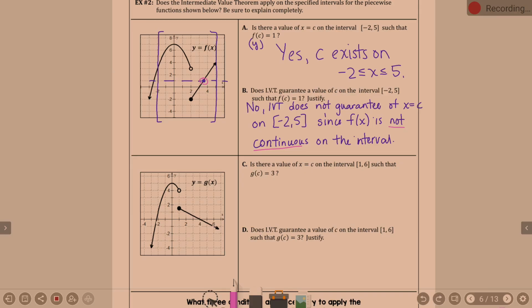At the x value 3 it exists. About 0.5. We're not looking at x value of 3 though. G of c means a y value of 3 on the interval of 1 to 6.